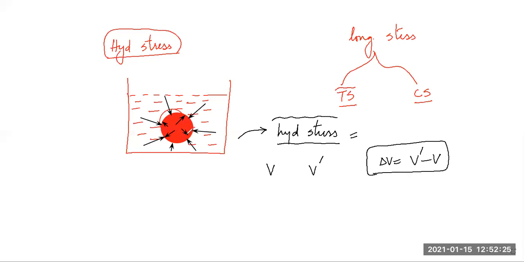So in this case, the diameter is changing, but the body's geometric shape remains the same. Let's go further. Now we have another type of stress that is known as tangential stress. This is also known as shearing stress. Well, when does this come into play?